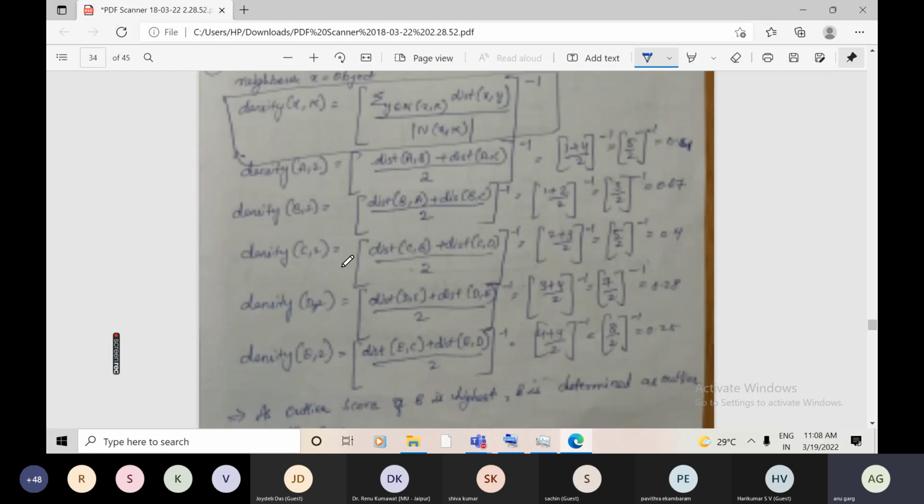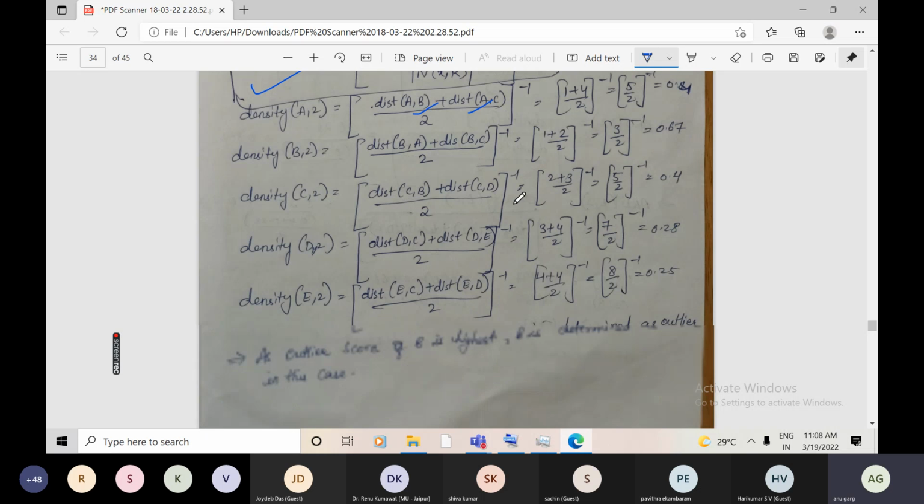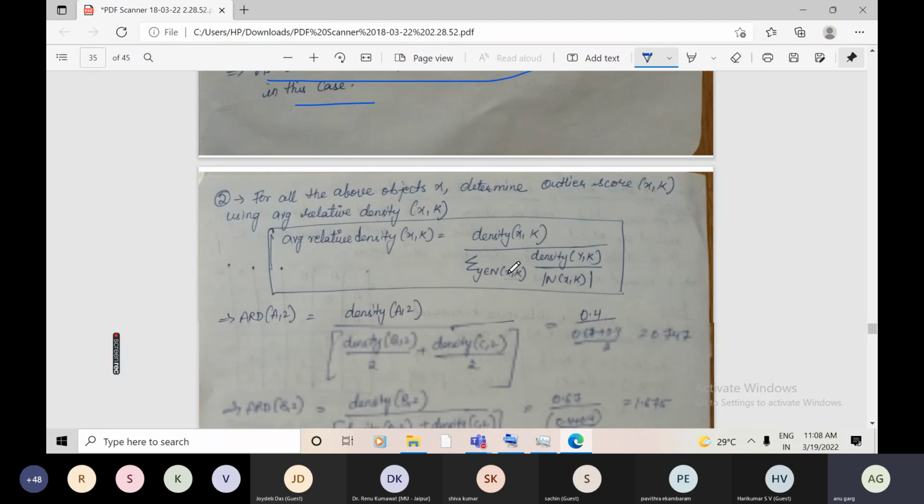Here you calculate the density, and the density formula is this: distance of A comma B plus distance of A comma C, whole inverse. The only difference is they have just taken the inverse. Then whichever score is highest is termed the outlier. This is also very straightforward.